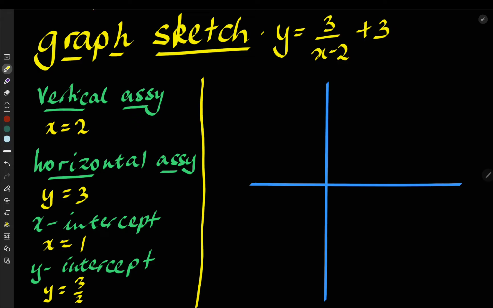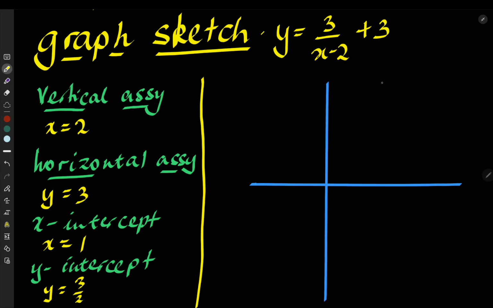Now, let's move on to sketch the graph of y is equal to 3 over x minus 2 plus 3. And remember, we said our vertical asymptote was x is equal to 2, horizontal asymptote y is equal to 3, x-intercept x is equal to 1, and y-intercept y is equal to 3 over 2. So when sketching this graph, the first thing that you want to do is to indicate your asymptotes clearly.